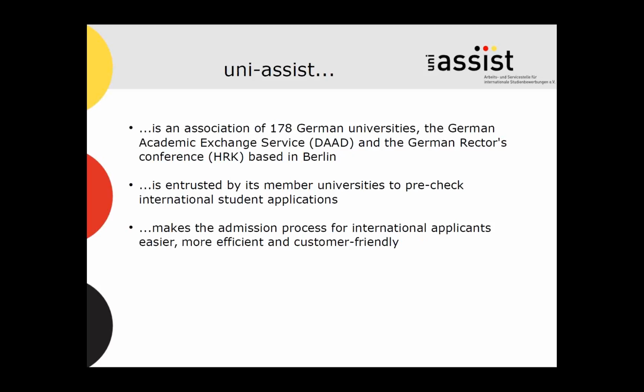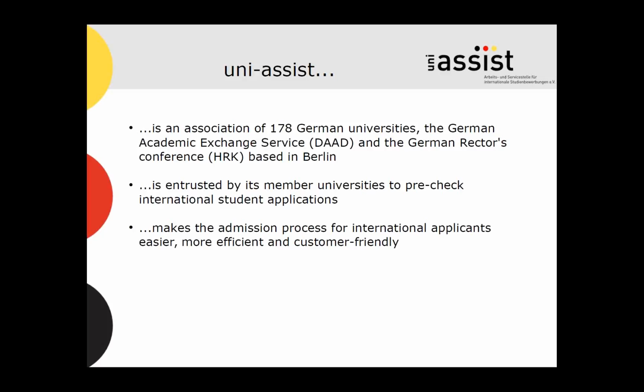So now let me start. I'm going to tell you a bit more about Uni-assist and its work. What is Uni-assist and what do we do? Uni-assist is an association of 178 German universities, the German Academic Exchange Service, DAAD, and the German Rectors Conference, HRK.